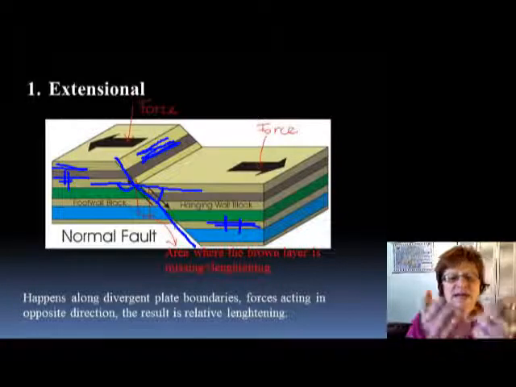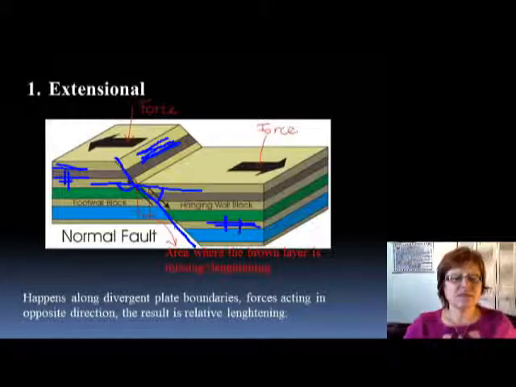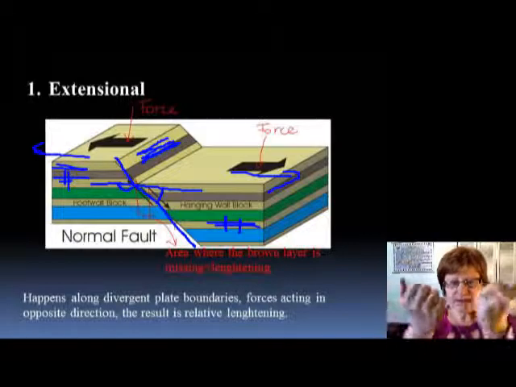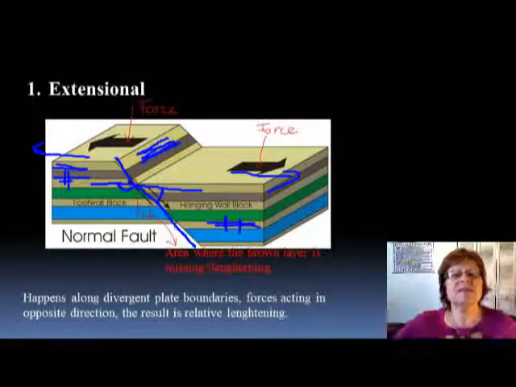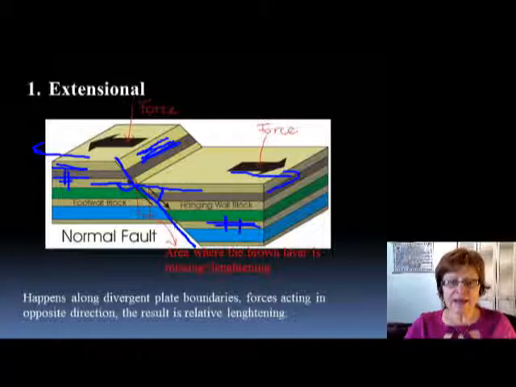Now, if you have extension, that means that the forces are acting in opposite directions. And the result is always going to be relative lengthening, because they are going apart. And the way you're able to see the relative lengthening is that you will have layers, or parts of layers, missing along the fault line.